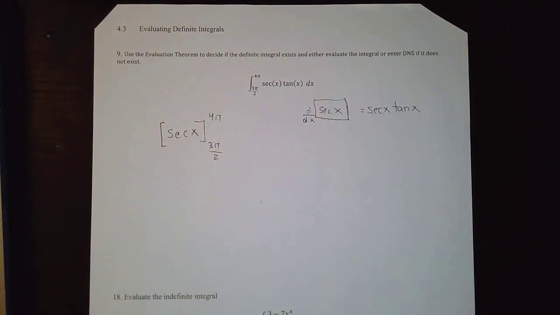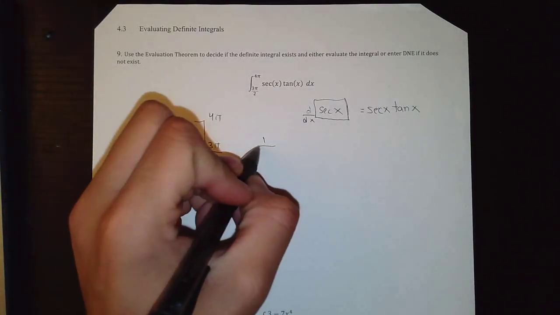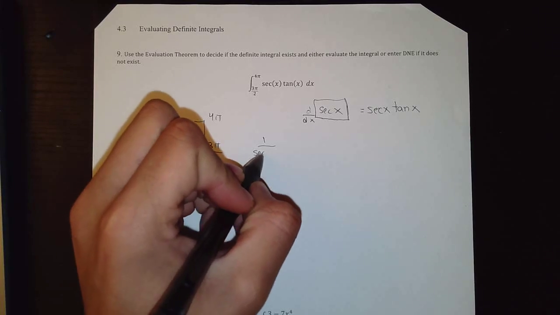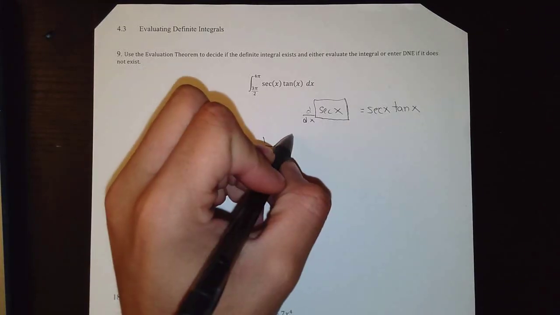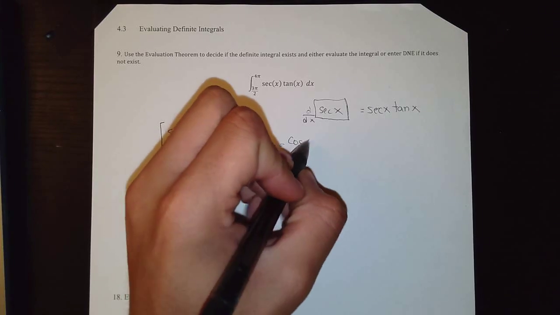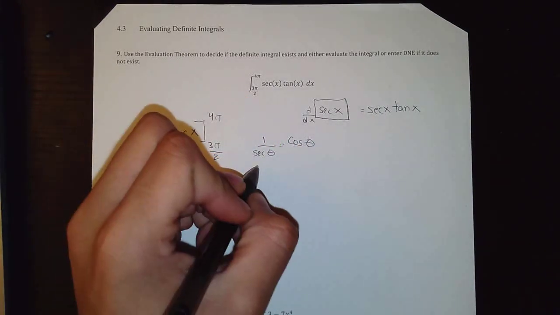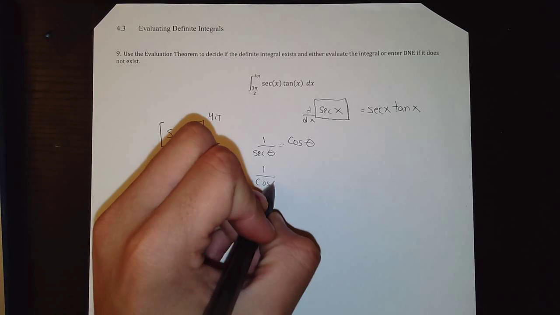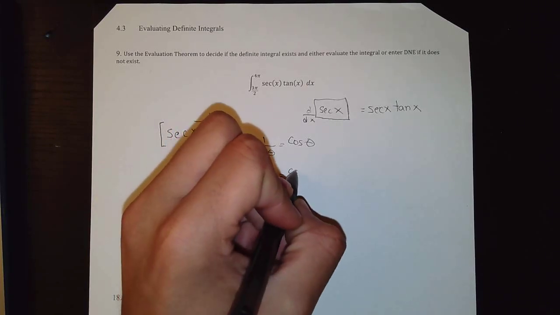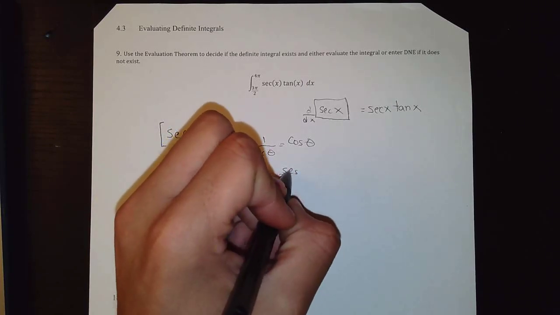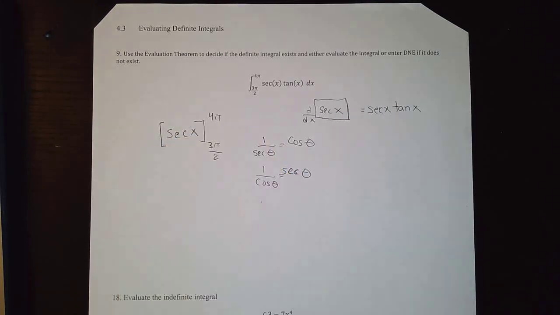Well, I personally do not have secant memorized, but I do know this identity. 1 over secant theta is equal to cosine theta, or 1 over cosine theta is equal to secant theta. And so I can just replace that.